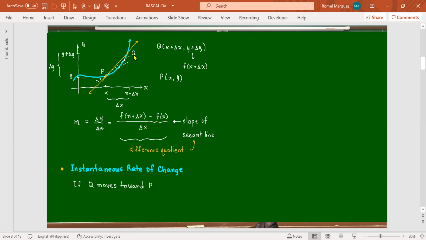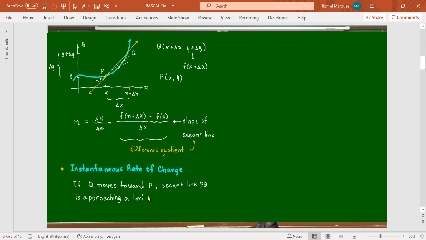So as Q moves towards P, secant line PQ moves, is approaching a limiting position.